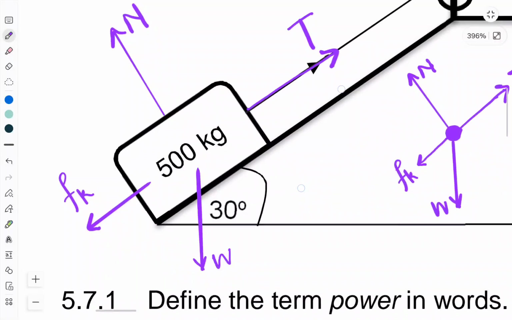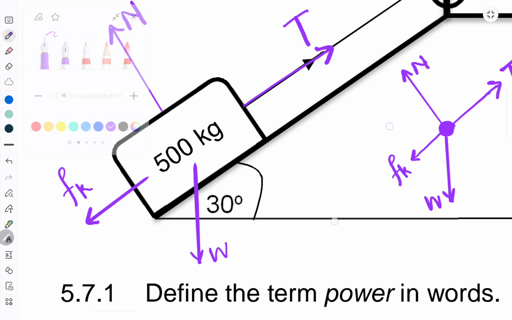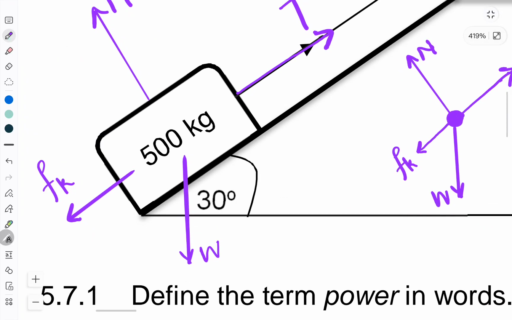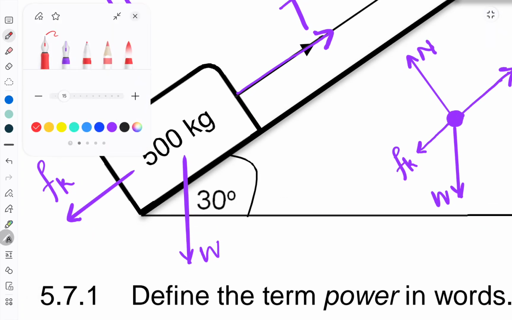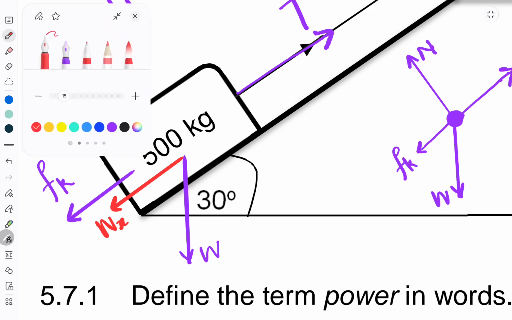All right, so now remember, weight will have to have its components. So let's try and get these components. Remember, we would have a parallel component. Some people call it weight parallel. I don't like those symbols, so I usually use x, because it's in the x-axis. So that's my x component of the weight.